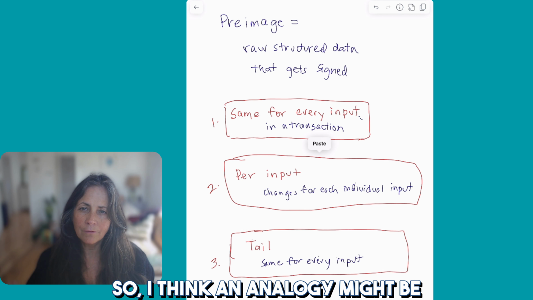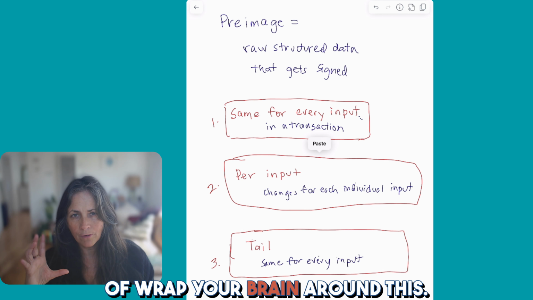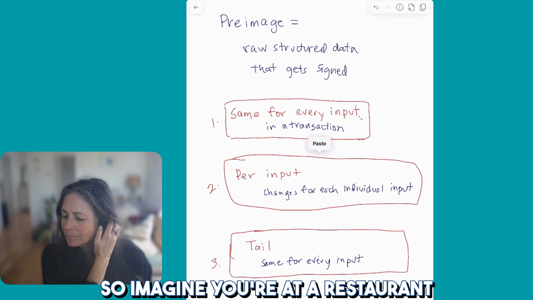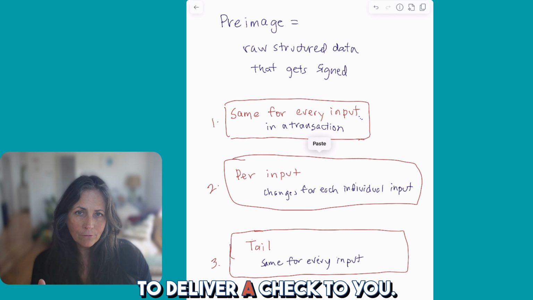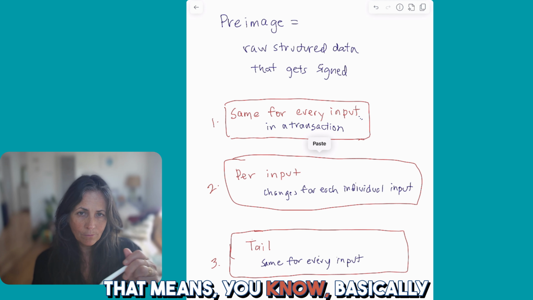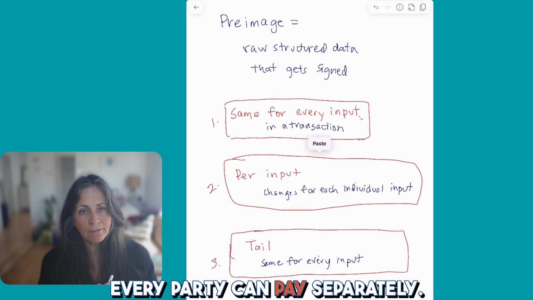So I think an analogy might be interesting to help wrap your brain around this. Imagine you're at a restaurant and they have a way to deliver a check to you, that means basically your bill, so that every party can pay separately.